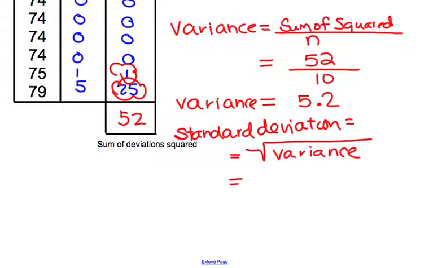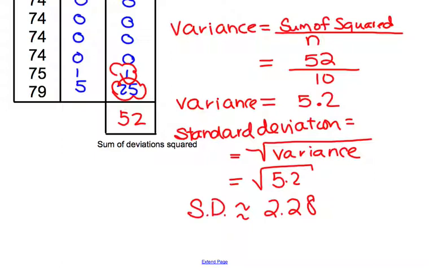So we square root 5.2, and we get a standard deviation of approximately 2.28. The higher the standard deviation value, the more spread out your data set points are from their mean. The smaller the standard deviation value, the closer together your data set points are to your mean, to your average.